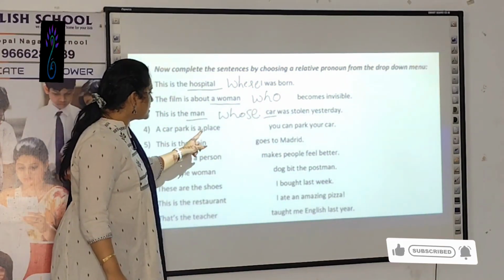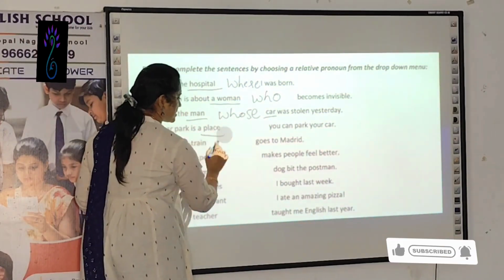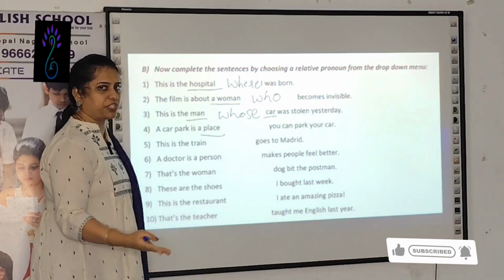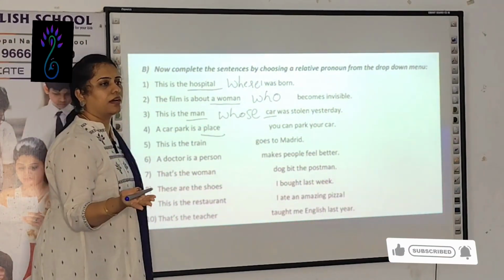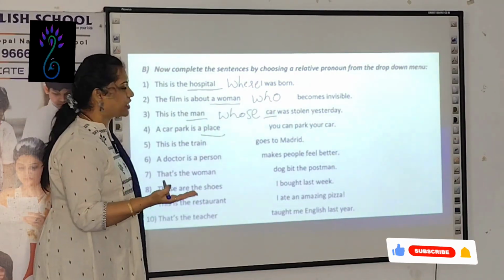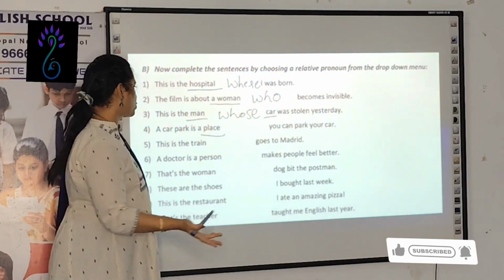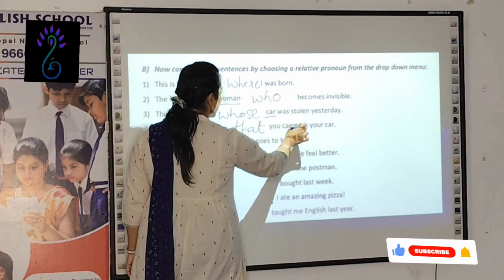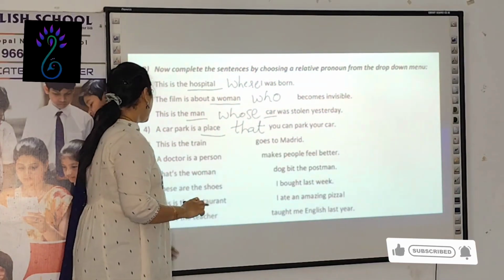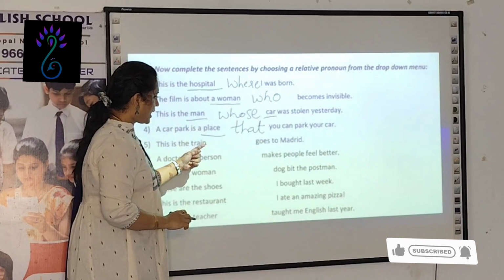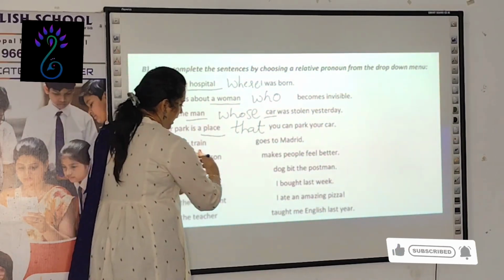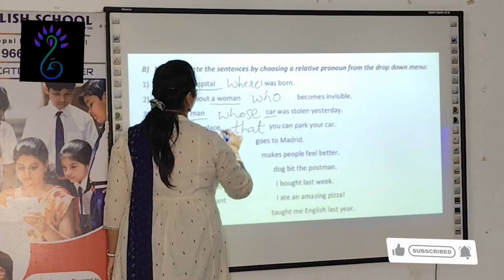A park is a place. I told you, for any thing or place like that, you can use that or which. This is the place that you can park your car. Okay. This is the train that goes to Madrid, or which goes to Madrid.